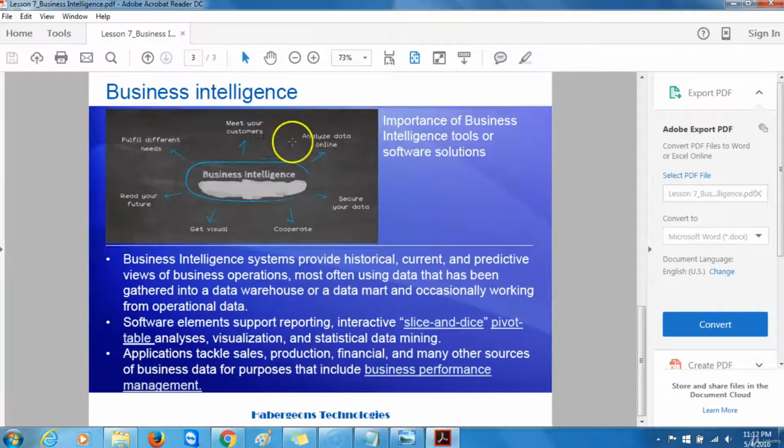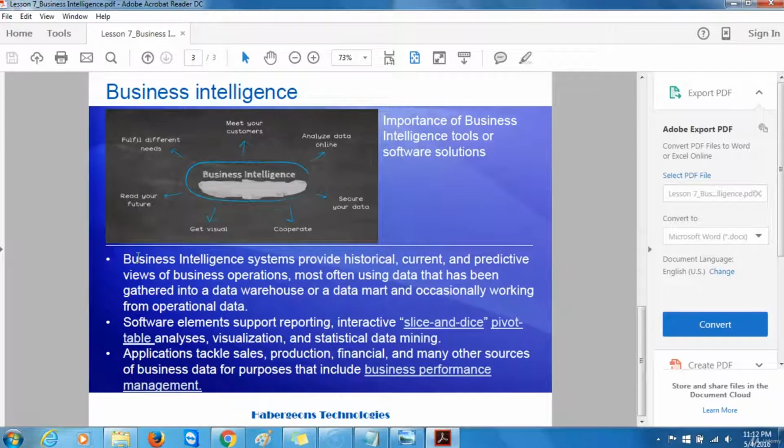It also helps you analyze your data online and secure your data while online. It can help your collaboration efforts. You can also get a visual view of how your data has flowed, how it's being used, and what in general is really happening in your organization. And most importantly, it helps you take a peek into your future.